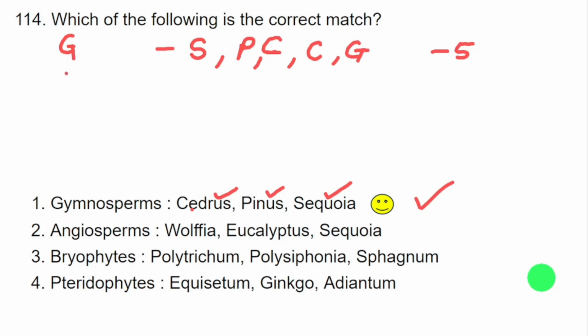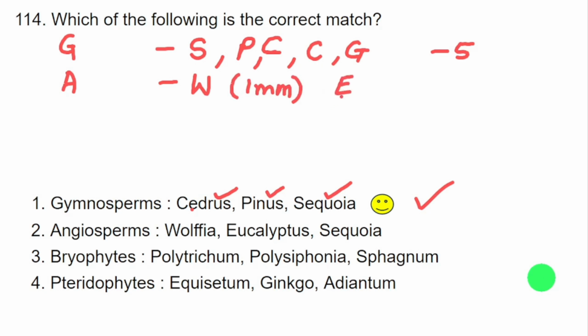Next one, angiosperms. In angiosperms, only 2 examples are given, Wolffia and Eucalyptus. So what is unique about Wolffia? This is the tiniest flowering plant, and the size will be around 1 mm. That is the height of this plant. And the extreme end is Eucalyptus.